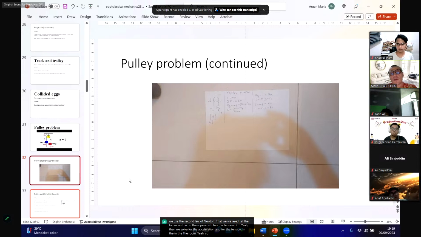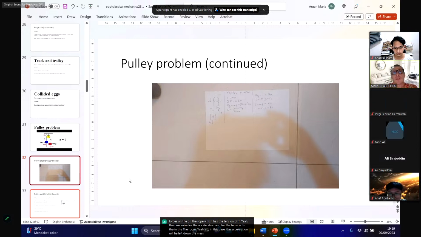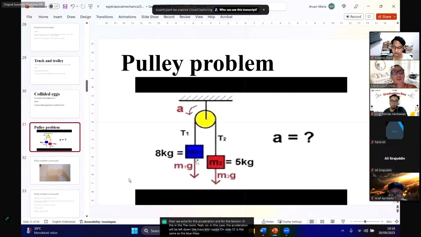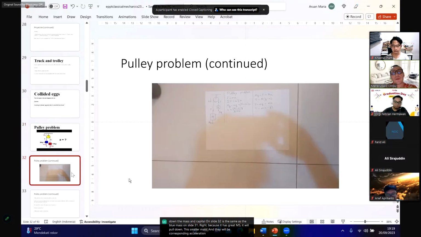In this case, the acceleration will be left down; the capital M on slide 32 is the same as the blue mass on slide 31, right? Because it has greater mass, it will pull down the smaller mass, and there will be corresponding acceleration. Slide 32 shows you not only how to find acceleration, but also how to find tension in the rope. Remember, we consider the rope to be massless and without friction.